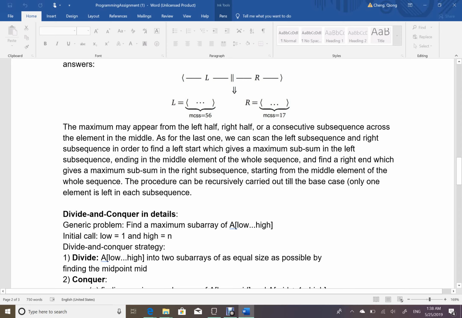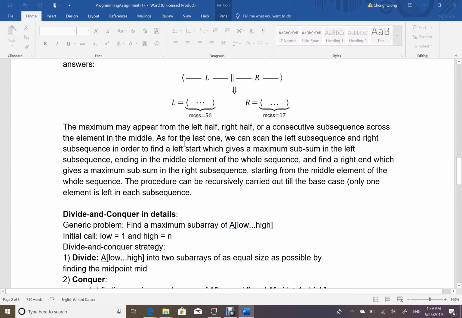So first we divide into two halves, and maybe the best days we buy and sell are from the left side, or maybe the best two days to buy or sell the product come from the right side. But sometimes maybe you buy from the left side and sell your product on the right side, across the middle, right?